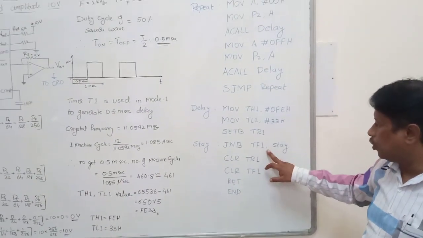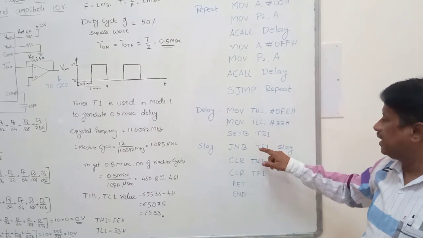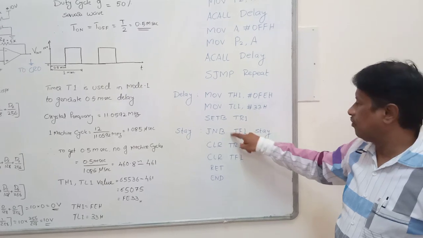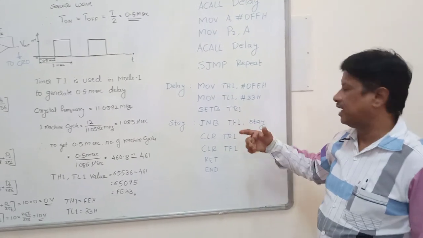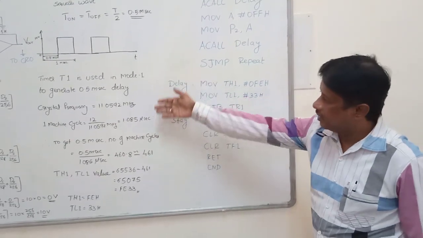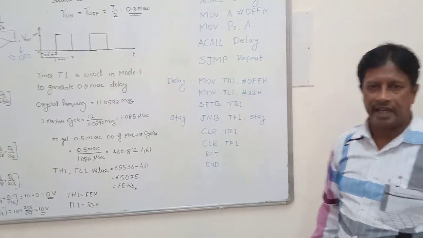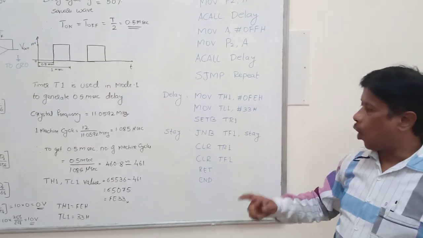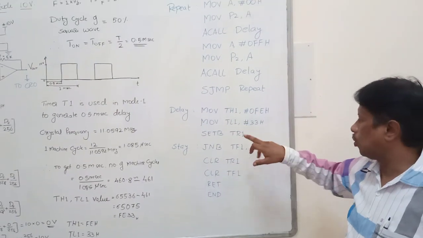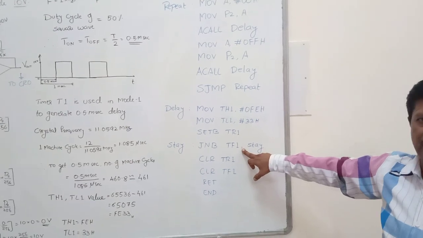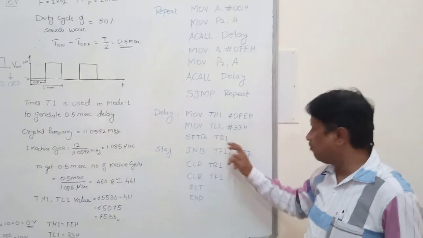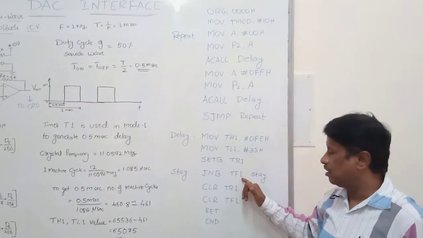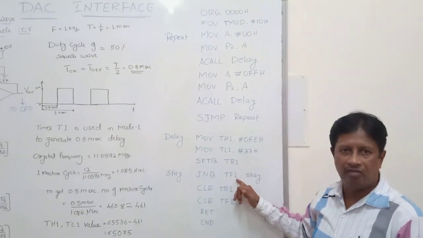So I use jump if no bit on TF1. If TF1 is 0, I will not get the complete delay of 0.5 millisecond. Once the delay is over, the microcontroller automatically sets the TF1 bit. So I wait till this flag is set, and then I have got a delay of 0.5 millisecond.